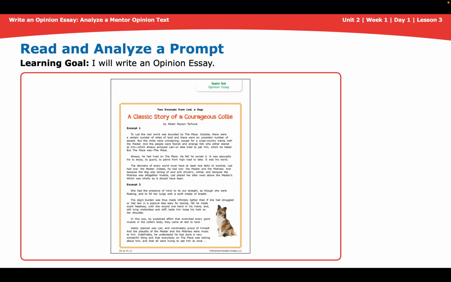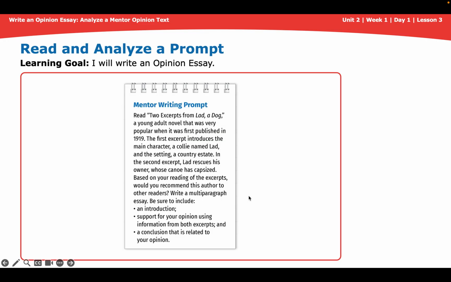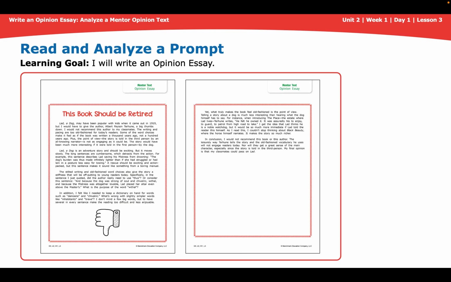Okay, once you are done reading the excerpts, if we look back at our prompt, we were supposed to write whether we recommend the author to other readers or not. So here is an example of what the opinion essay should look like. Now, if you look, it has 1, 2, 3, 4, 5, 6 paragraphs. We are going to be doing something very similar to this.